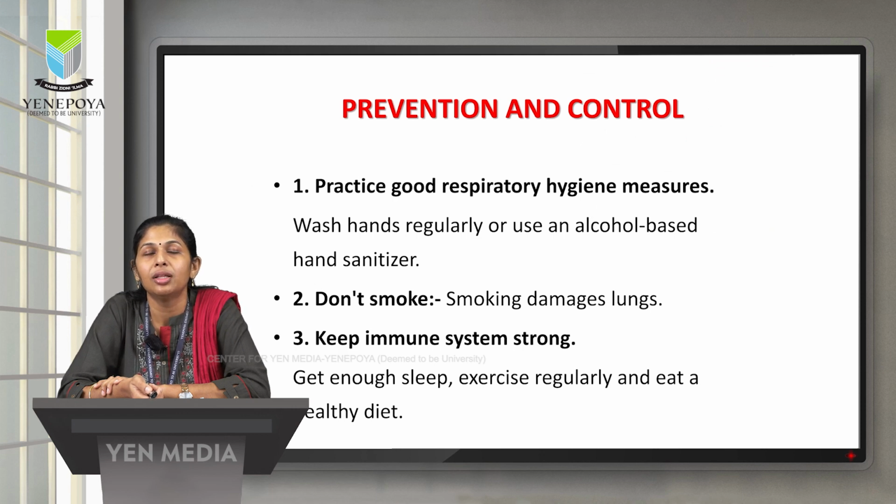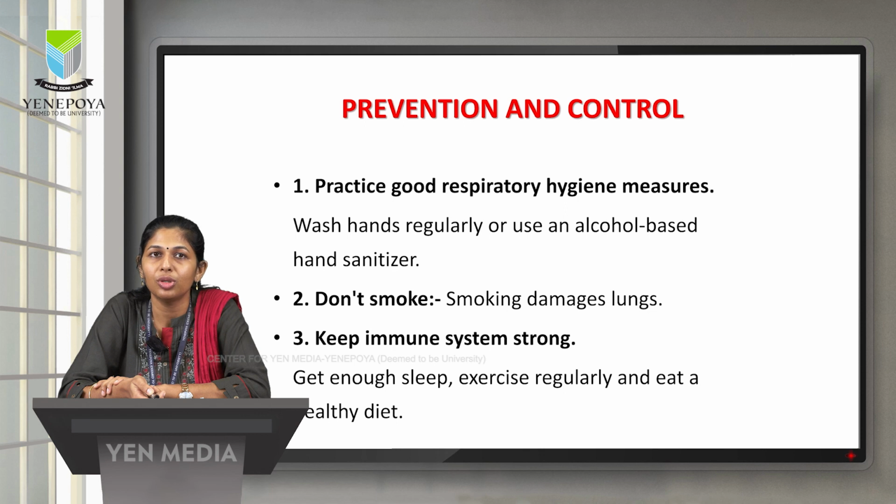Next, the most important topic: how do we prevent and control the disease? First, practice good respiratory hygiene measures. How do we practice them? We can wash our hands regularly or use an alcohol based hand sanitizer.